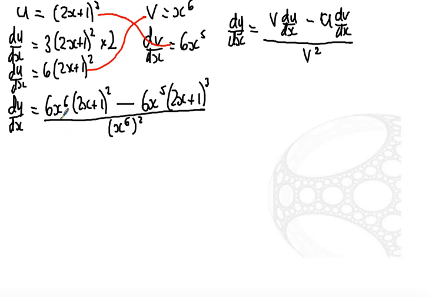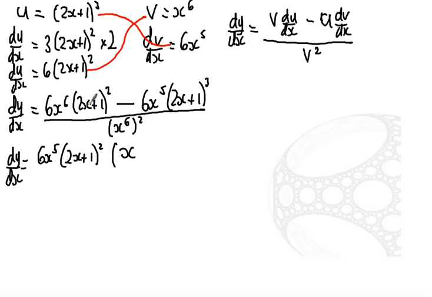So now factorising, you'll notice that I've got a common factor of 6x to the power 5 and a common factor of (2x + 1) squared. Again, most of the marks are given up to this point, and then there's an extra mark or two for simplifying. So the common factors were 6x to the power 5 and (2x + 1) squared. Inside the bracket, from this term, if I divide by 6x to the power 5, I'm just left with x.